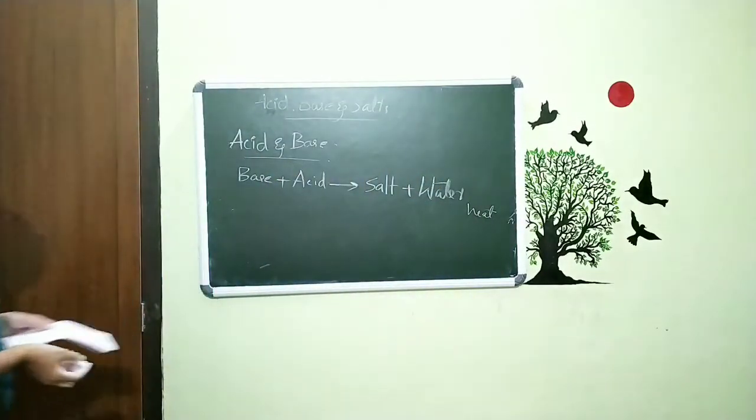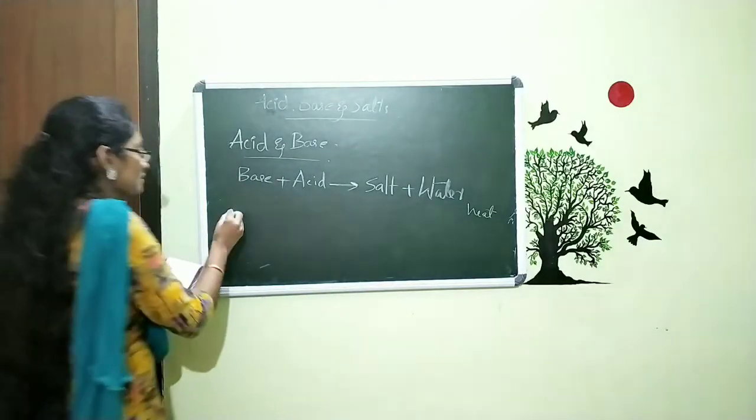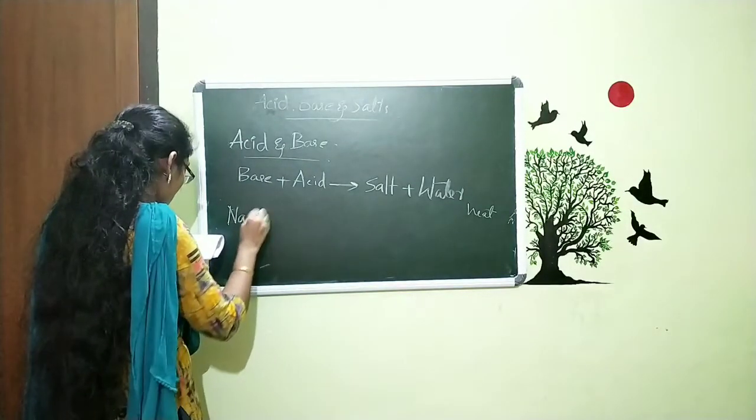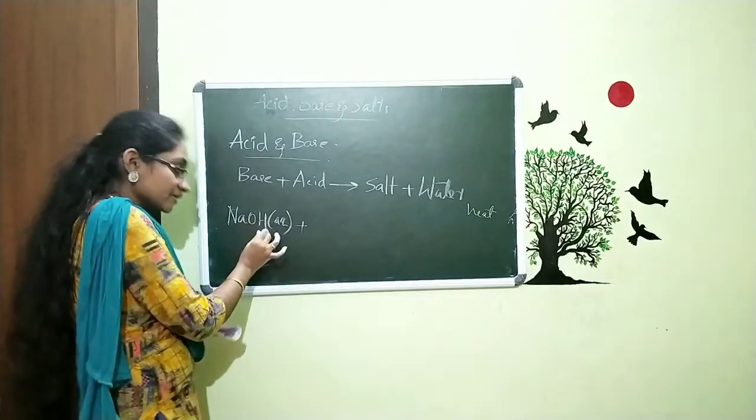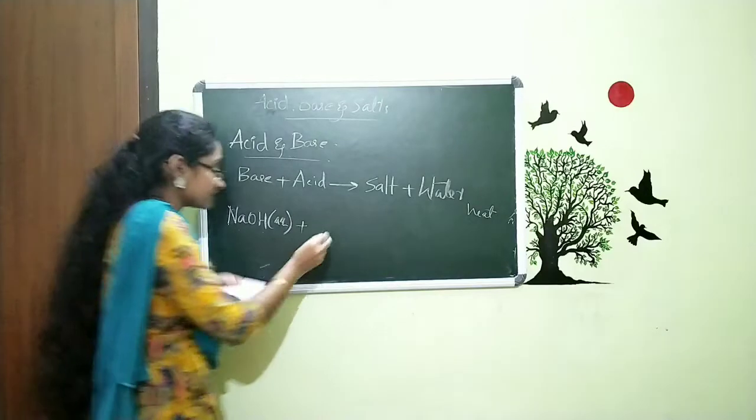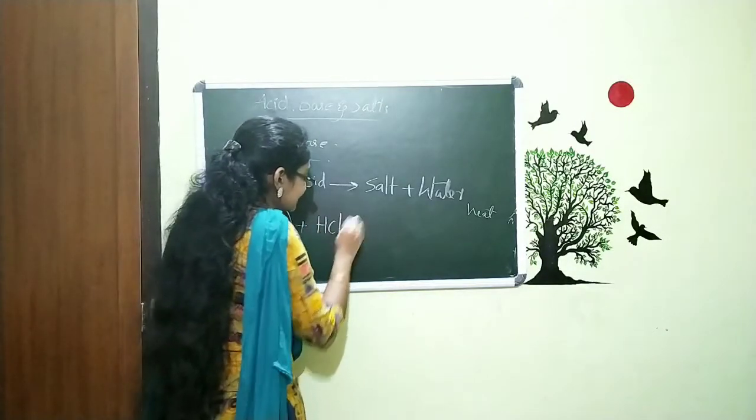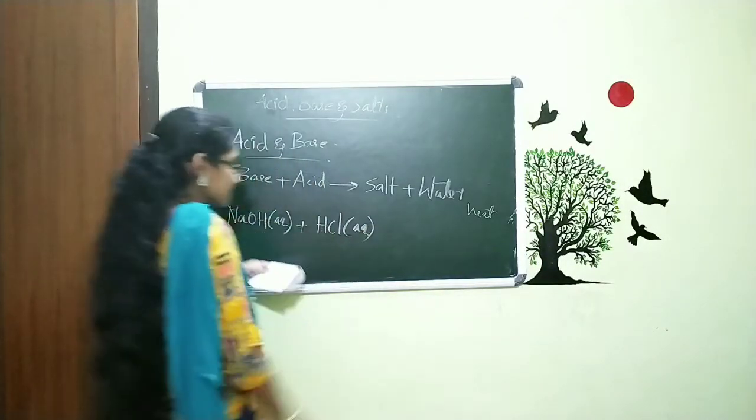Now we are going to write the equation for this. NaOH, that is in aqueous form, sodium hydroxide, is reacting with hydrochloric acid, HCl, that is also in aqueous form.